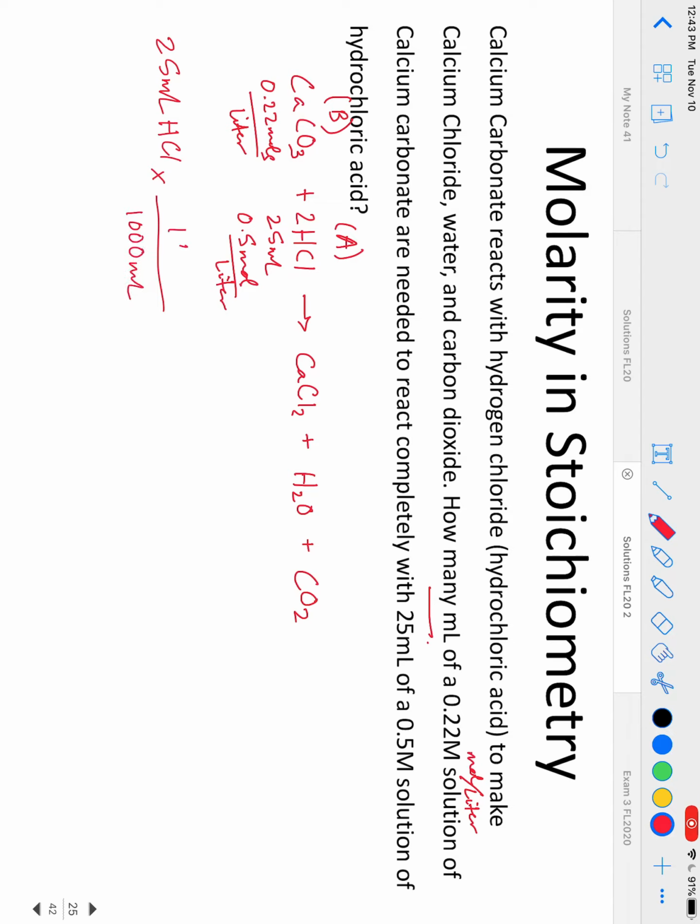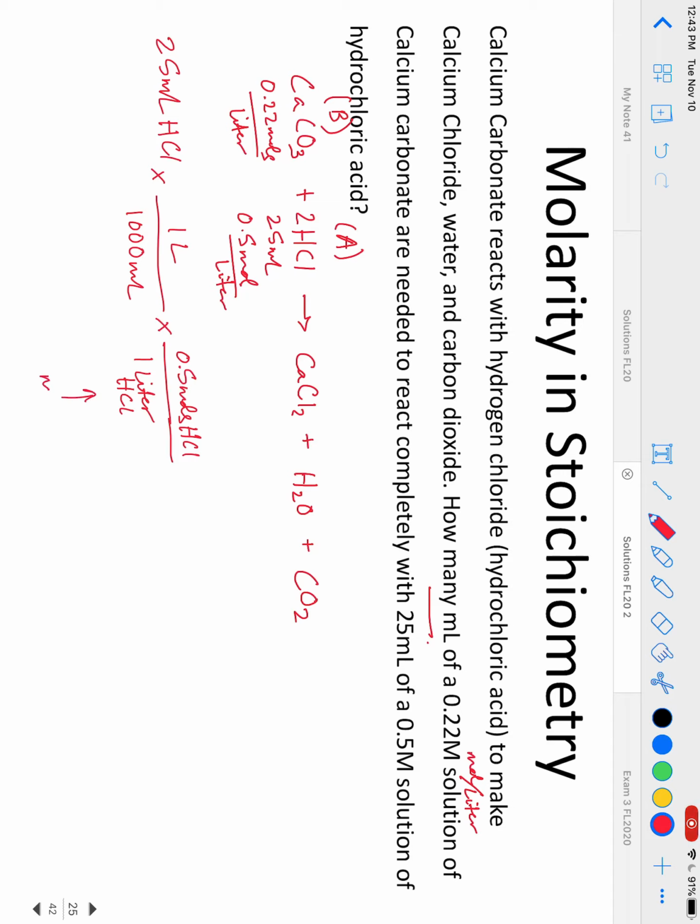And so we're going to go from milliliters, 1,000 milliliters to 1 liter. And then we're going to plug in our molarity. We want to cancel liters and convert to moles of HCl. So for every 1 liter of HCl, we'll get 0.5 moles of HCl.